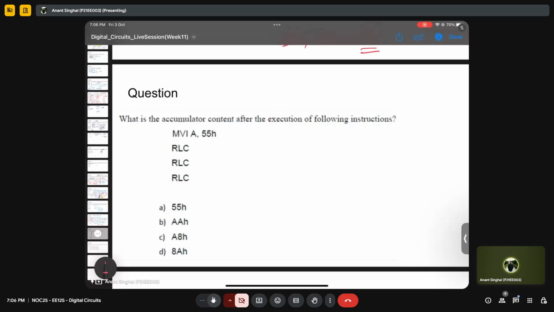Okay, just one hint. We have already seen RAR, RRC. So there is one more thing which is RLC, which is rotate accumulator to left. And it is obviously through carry only. But carry is not mentioned, so you just need to do the left operation and try to get the answer. Again, take 2-3 minutes and let me know the answers in the chat box.